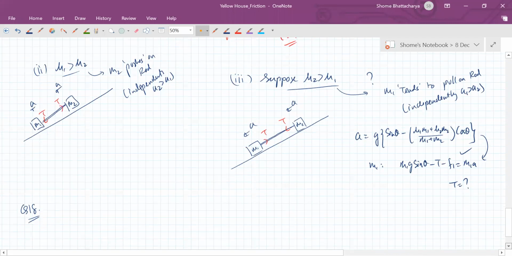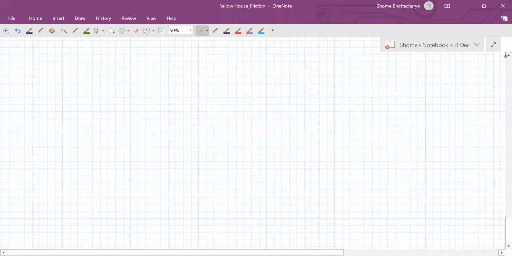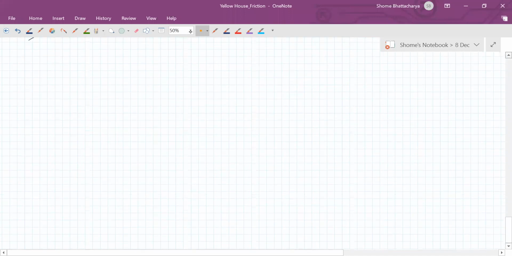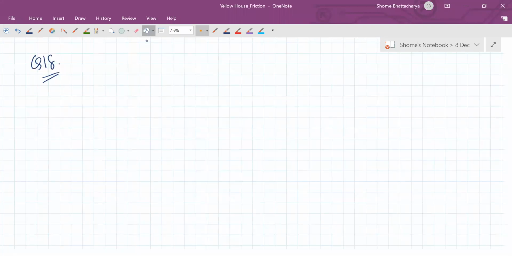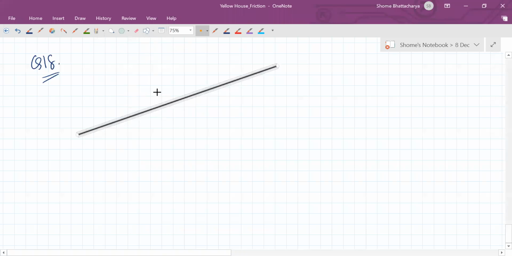Okay, so let's go through the 18th question now. So in the 18th question, this time what we have is that the blocks are in contact. Instead of being connected by a rod, they're just placed against each other in contact, like this.